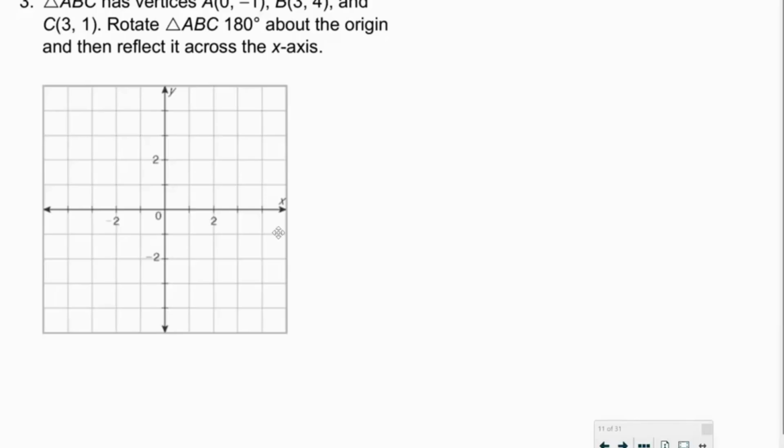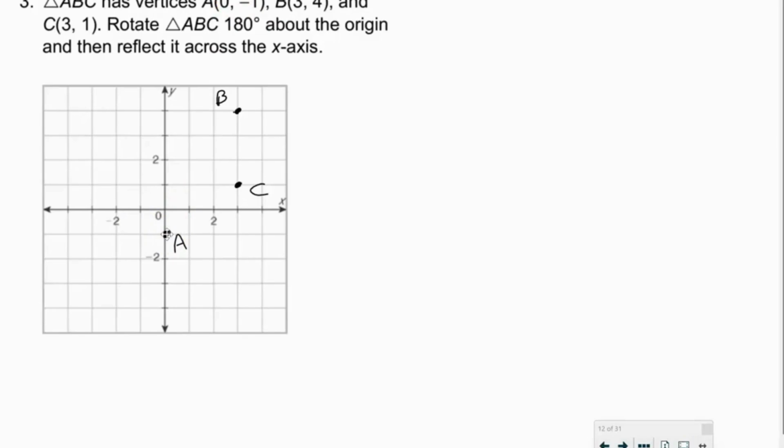So I'm going to start with three here. It says triangle ABC has vertices A being 0, -1, B being 3, 4, and C being 3, 1. We want to rotate it 180 degrees around the origin, then reflect it across the x-axis right here. So first I started by plotting these points. I went 0, -1 for A, 0, down 1.